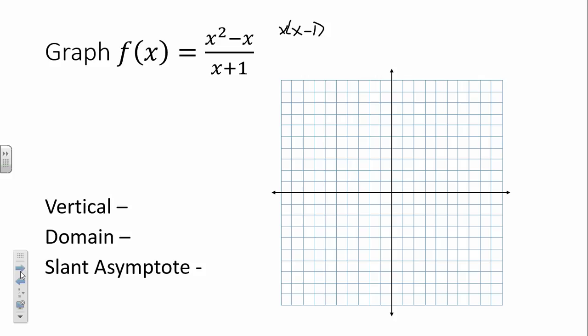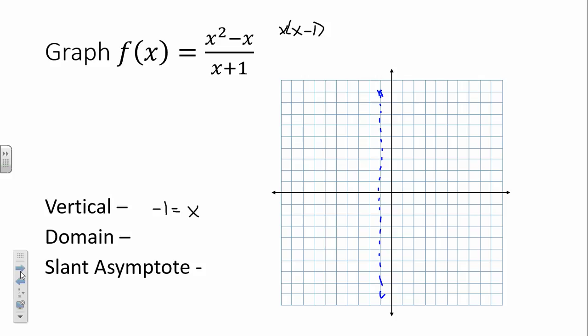So we should be able to look at this one and immediately know what the vertical asymptote is. x plus 1 equals 0, so x equals negative 1. Okay, so we have a vertical asymptote at x equals negative 1. That tells us what our domain is, right?